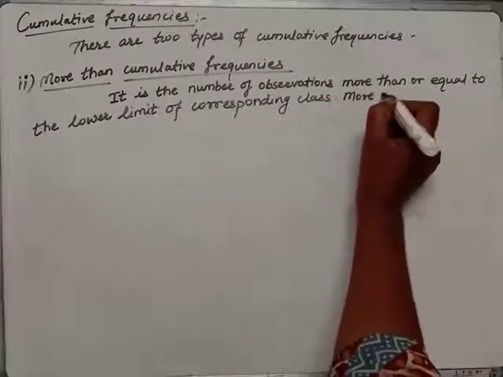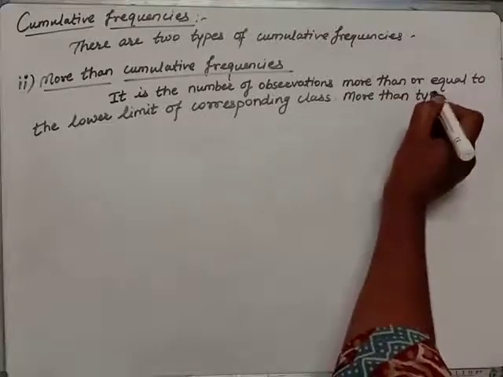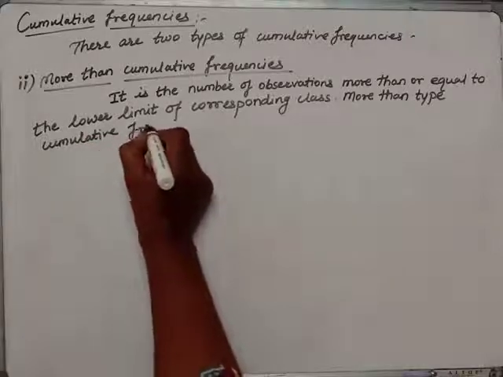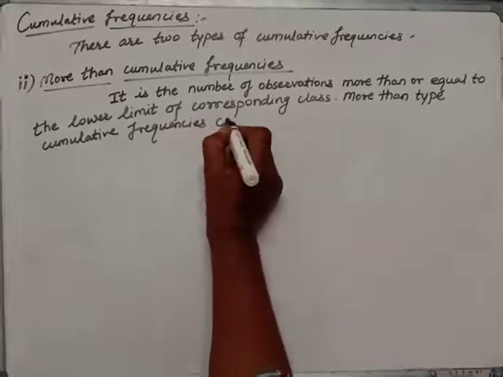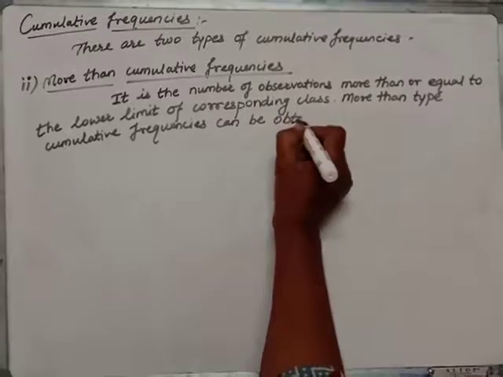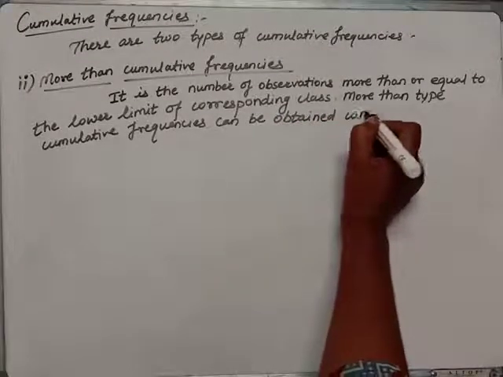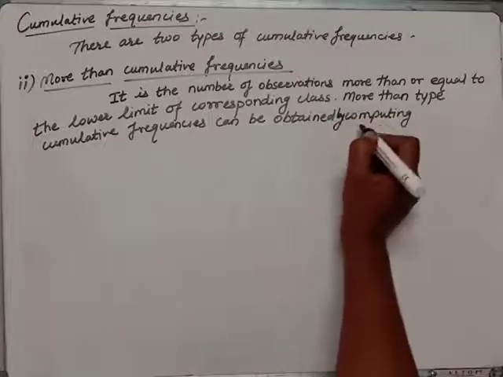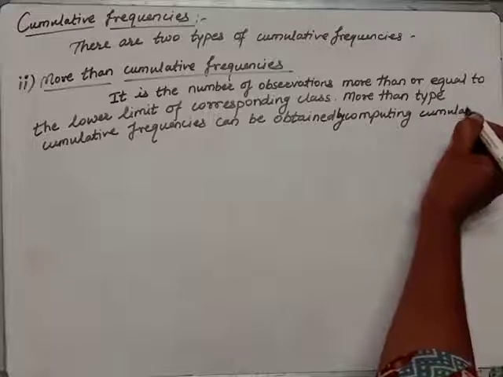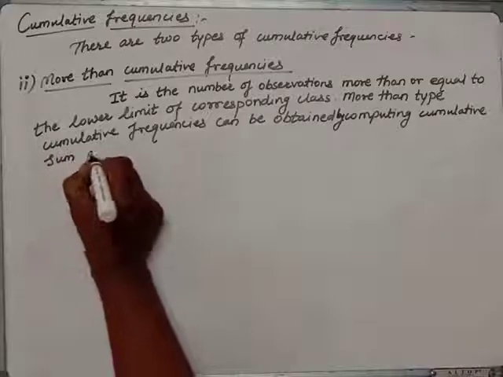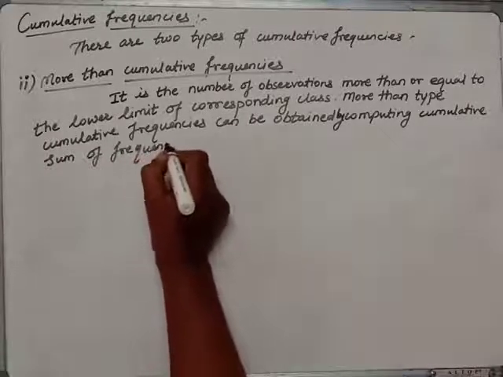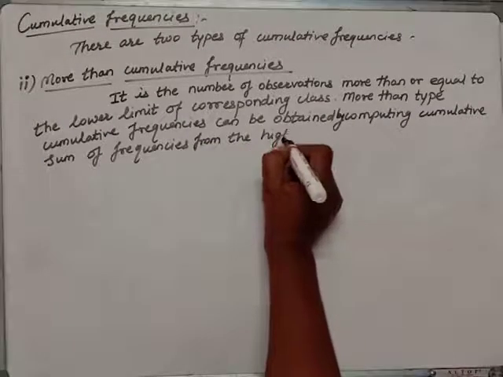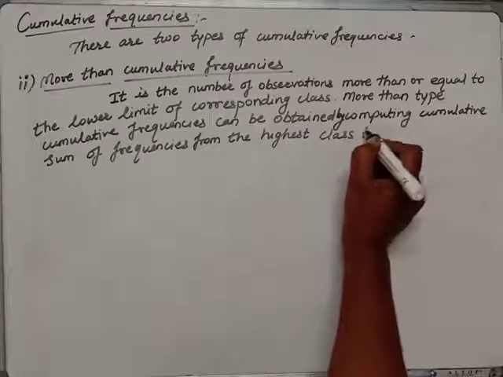More than type cumulative frequencies can be obtained by computing the cumulative sum of frequencies from the highest class to the lowest class.